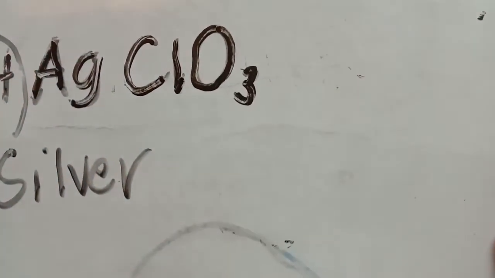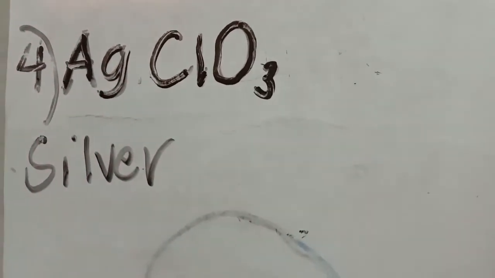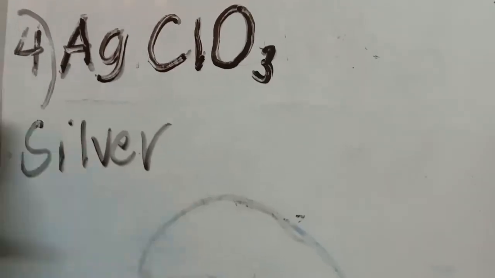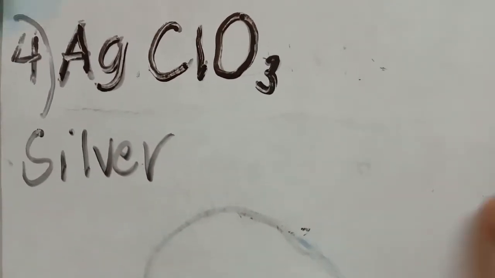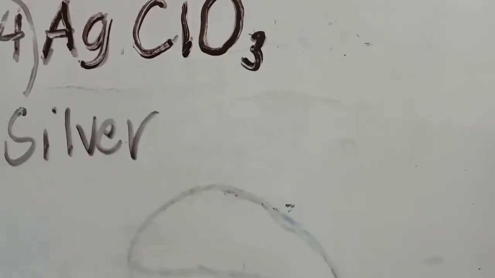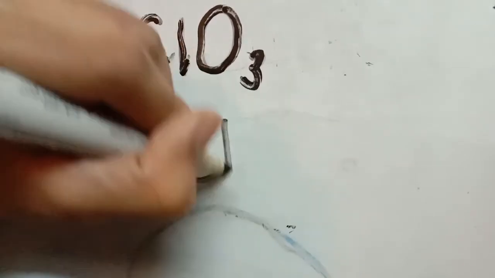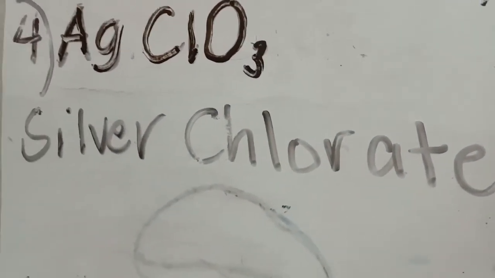So when we name it, it is a negatively charged anion. So when we look at the periodic table, this name was chlorate. So the fourth compound is silver chlorate.